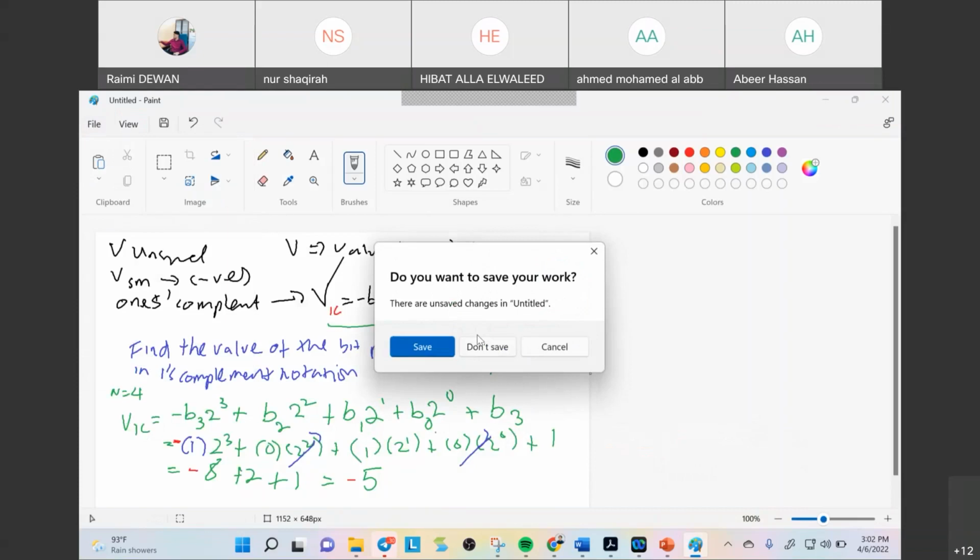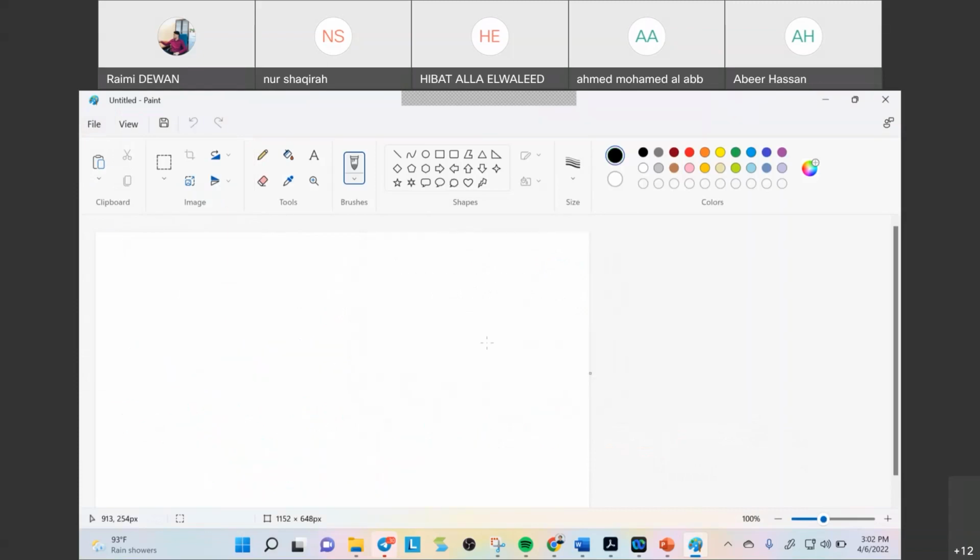For example, if you have a signed integer, what does it mean? It means it has positive or negative. Integer means round numbers. Then you have the one's complement.